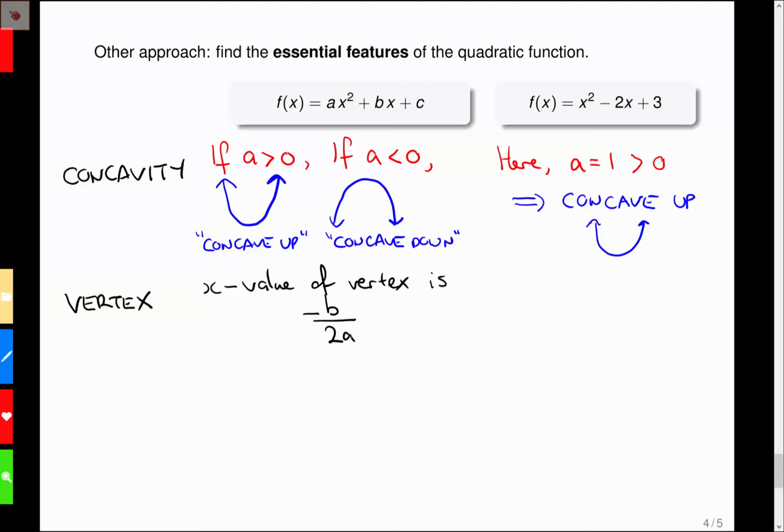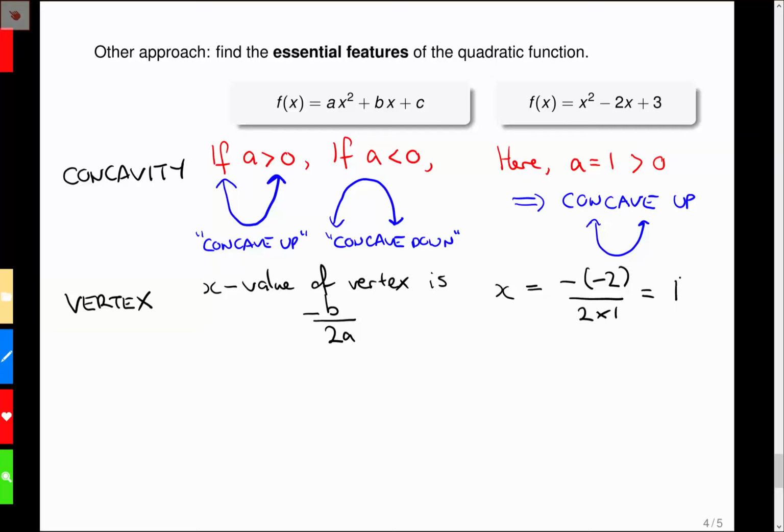That is, the negative of the middle coefficient divided by twice the leading coefficient. Here, that would be x is equal to negative of negative 2 divided by 2 times 1, which gives just plus 1.